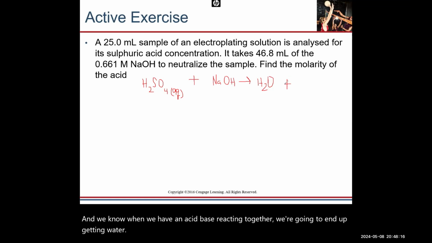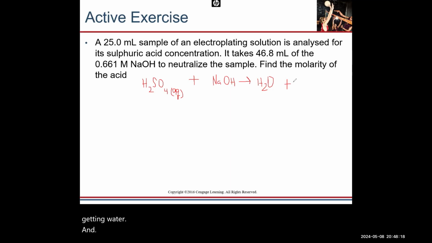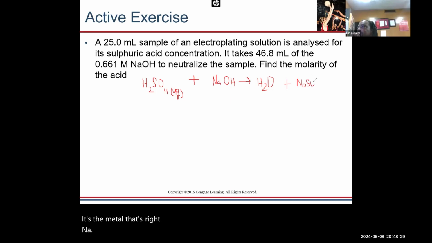And let's see, I think it's the metal, right? It's the metal, that's right. Na2SO4. We call it the salt. And that's going to be aq for aqueous. And then this is going to be l for liquid.